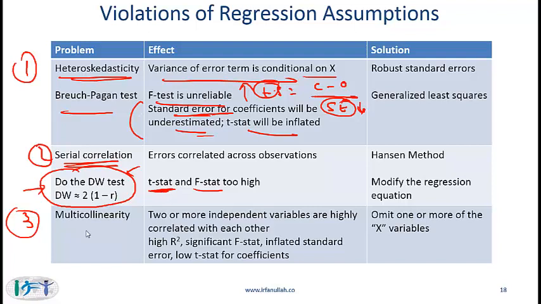We can. And then multicollinearity, this is where two or more independent variables are highly correlated. And if you have this problem, here you have a high R squared, a significant F stat, but the issue is inflated standard error. So you will actually have low t-stat.